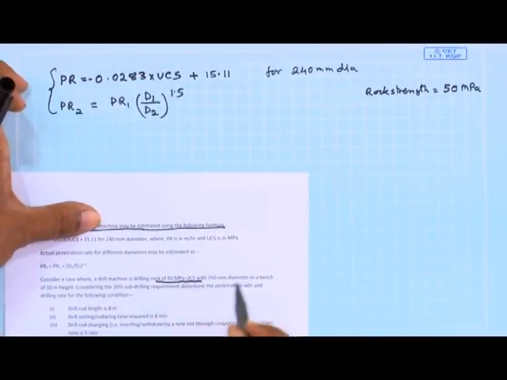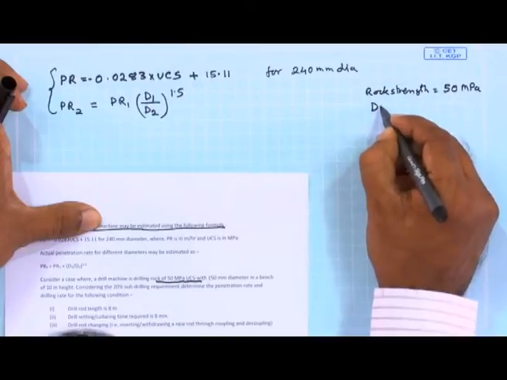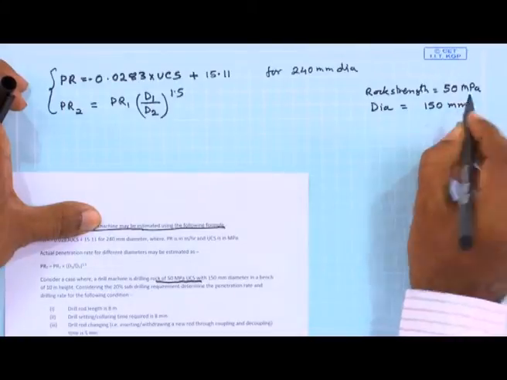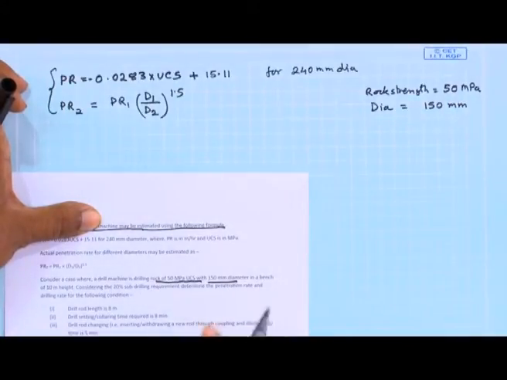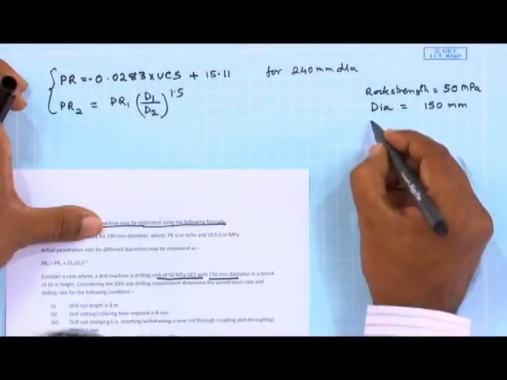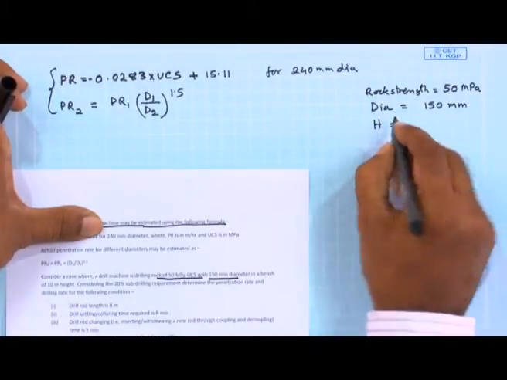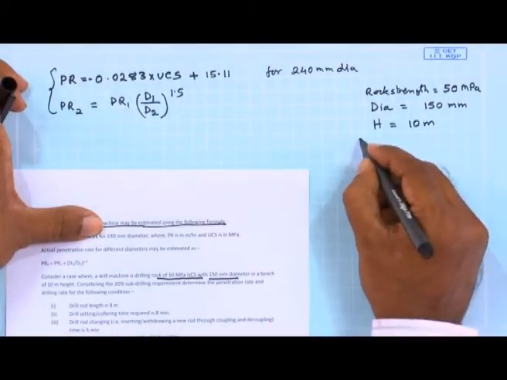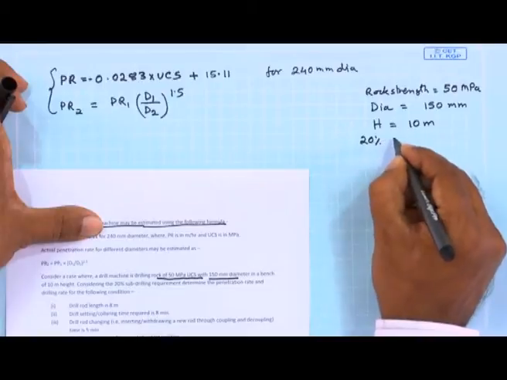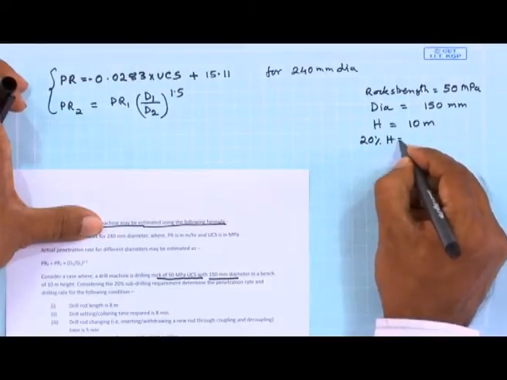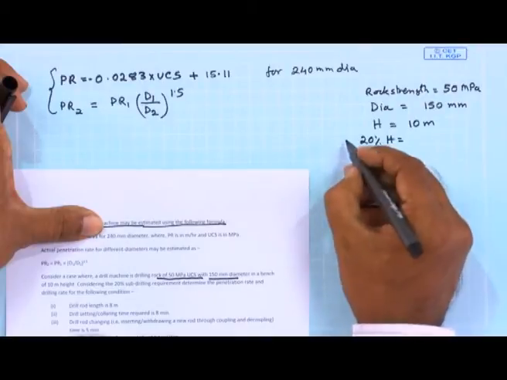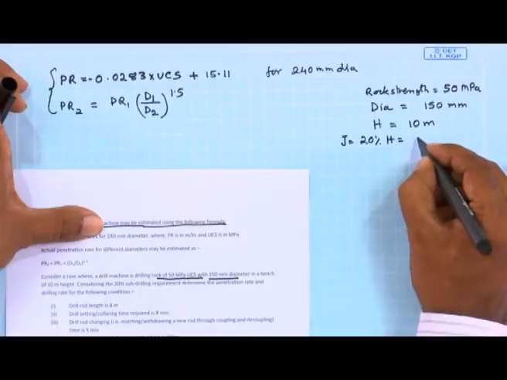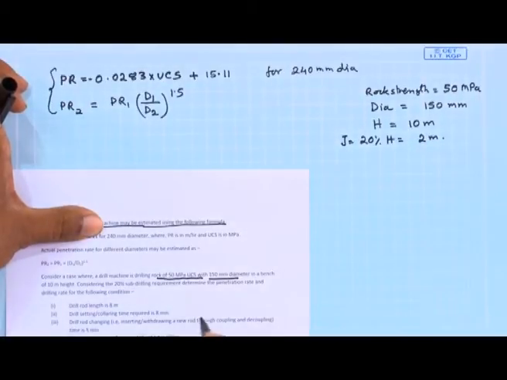Diameter of drilling is given, 150 mm. So, this is the 150 mm diameter. Bench height is given, height of bench is given 10 meter. Sub drilling requirement is given 20% of H. So, that means sub drilling requirement is 20% of H, that means it is 2 meter.